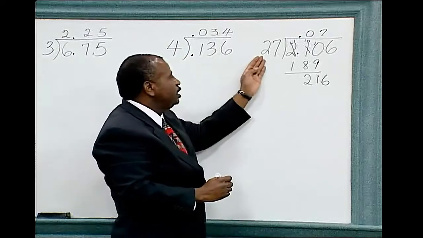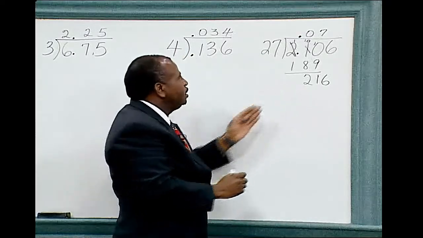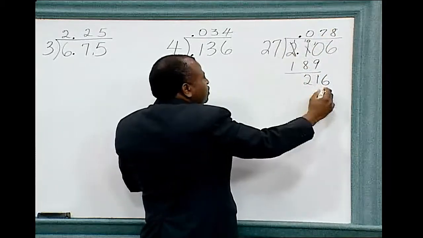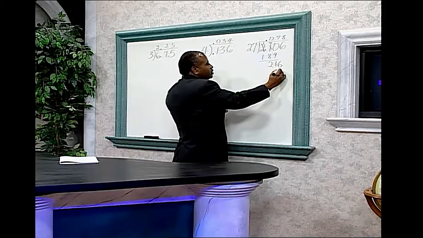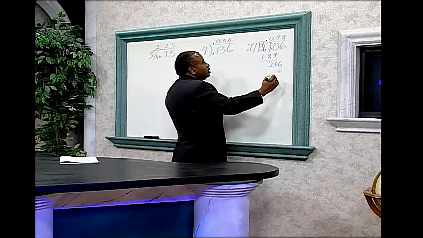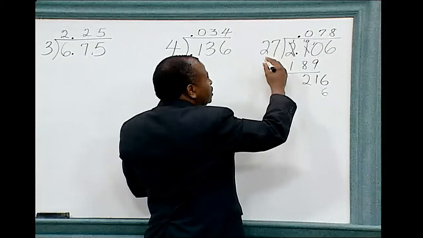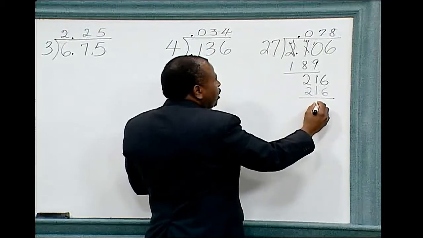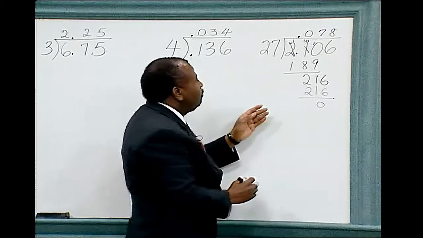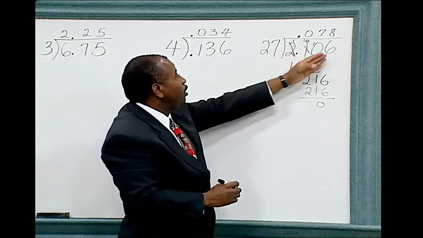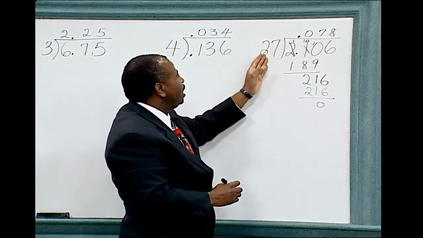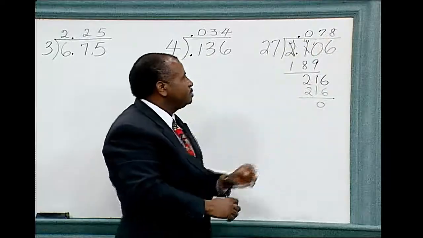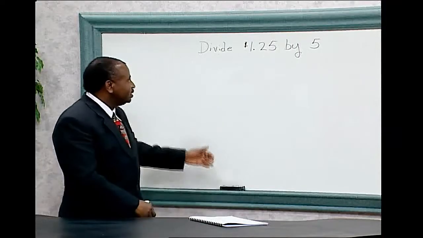Now we divide 27 into 216. This will go 8 times. 8 times 7 equals 56. Write the 6. Carry the 5. 8 times 2 is 16 plus 5 is 21. Subtract, we get 0. Therefore, 2.106 divided by 27 equals 0.078.